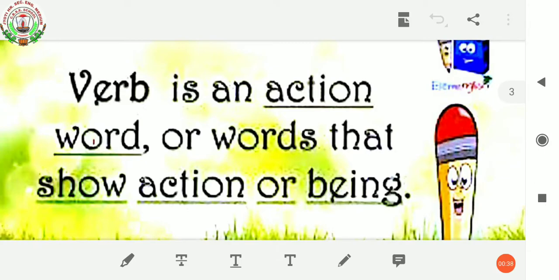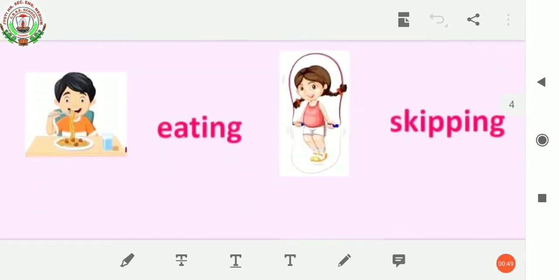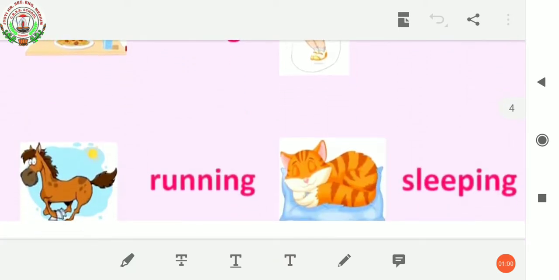We have understood that a verb is an action word that shows some action, like eating, skipping, running, sleeping. These are all action words that animals or persons do every day.